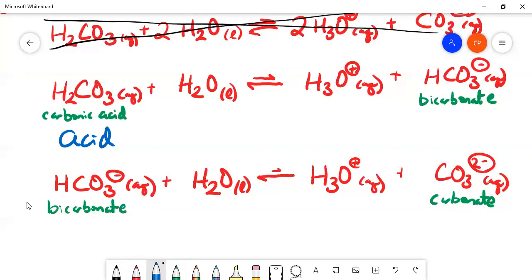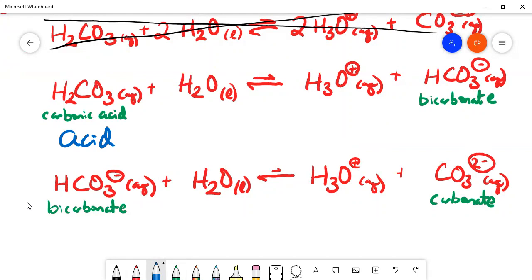Where's the hydrogen ion going? Because the Bronsted-Lowry definition of a base is a stuff that accepts a hydrogen ion. Carbonic acid is giving up the hydrogen ion.